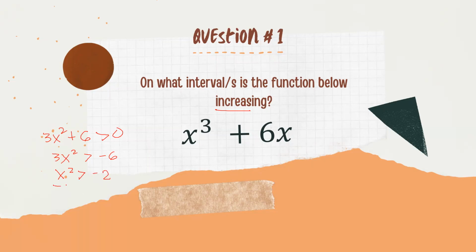Ibig sabihin, yung x squared lagi naman siyang greater than or equal to 0? Kung ang minimum value ng x squared ay 0, lagi siyang greater than negative 2. So, that means this is always positive. So, for all real numbers. Sabihin, lagi siyang increasing for all real numbers.